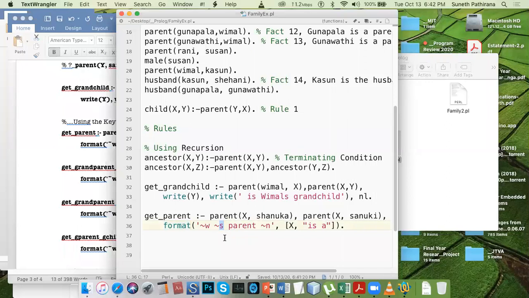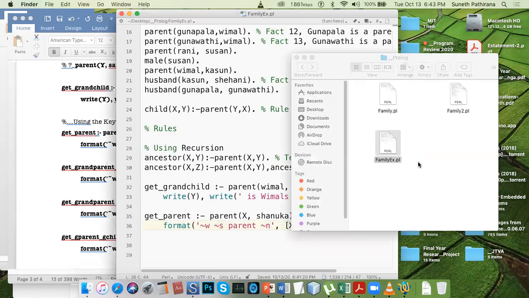Here what to put in is the variable, whatever we fetch into the variable X. X means the parent of Sanuka and Sanuki. So X is appended immediately after displaying the value of X with this statement, and this is the new line character. Something like this. Let's examine what will happen.